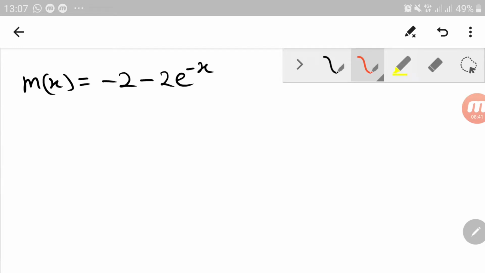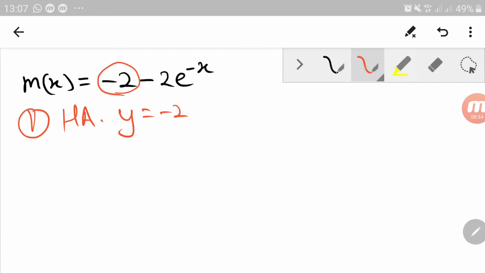Okay, let's move on to the last example. First step, we need to find the horizontal asymptote. Where is the number other than the exponent? So y equals minus 2. Good. Next, we want to know whether it's above or below, so look at the coefficient of e.